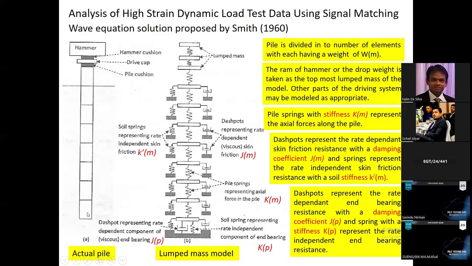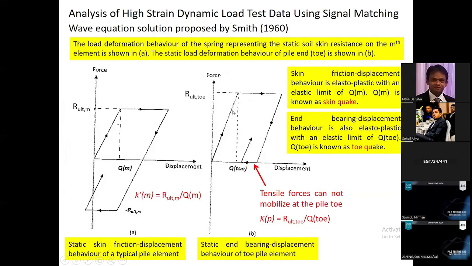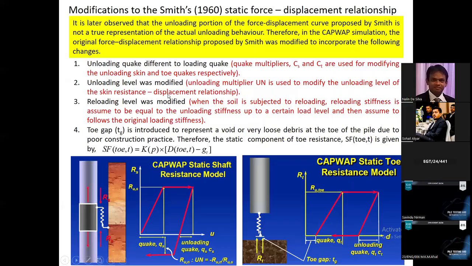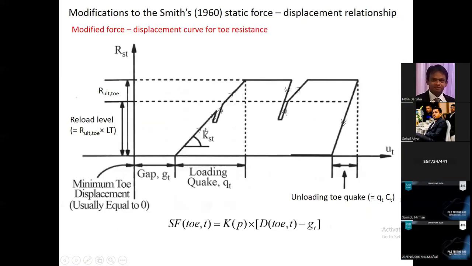But by using this analytical model, you can calculate the pile response, force. So what this CAPWAP software does is calculate the pile response and compare it with the measured response like this. Sorry, I will come to that later.